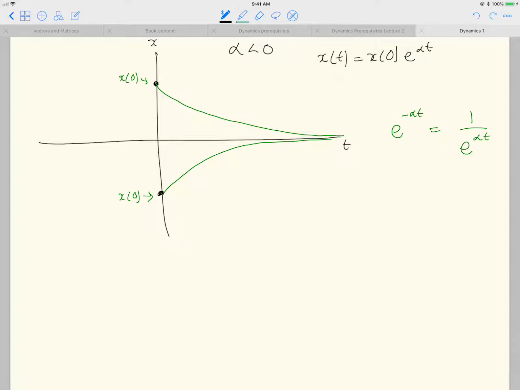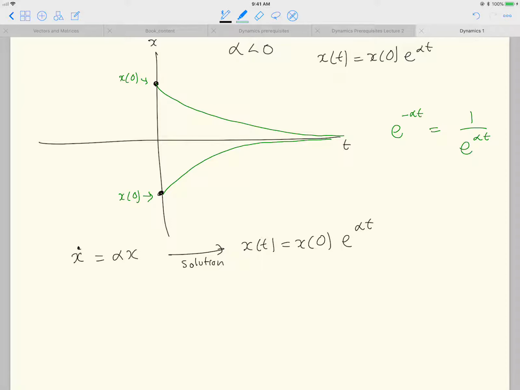So the equation that we started with was x dot equals alpha x. Right? And that one led to the solution x of t equals x of naught e to the alpha t. So when x equals 0, how much is x dot?